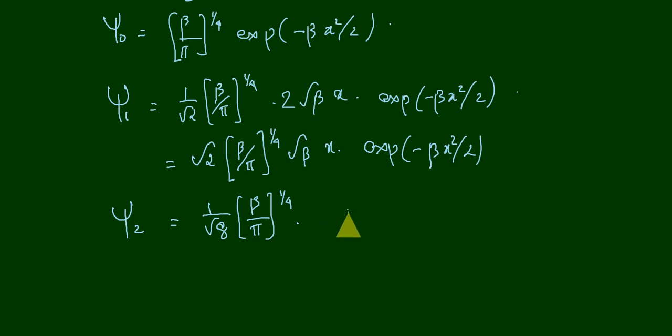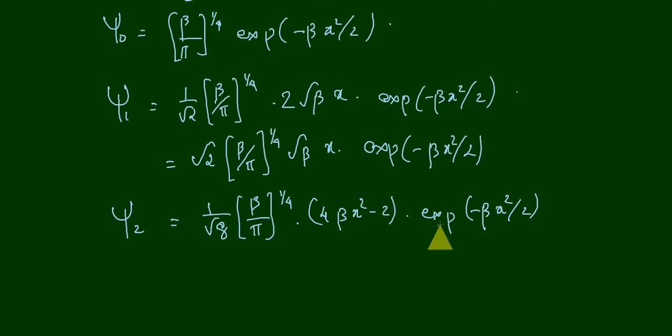H2(y) is equal to 4 beta x square minus 2. So 4 beta x square minus 2 into exponential minus beta x square by 2. Okay, so that is the expression for psi 2.